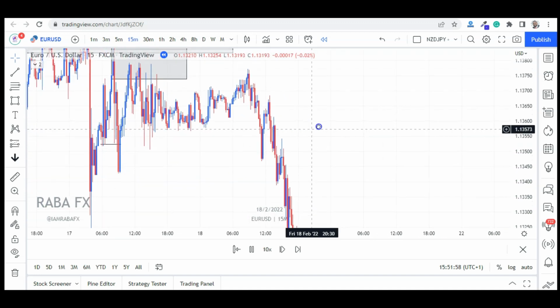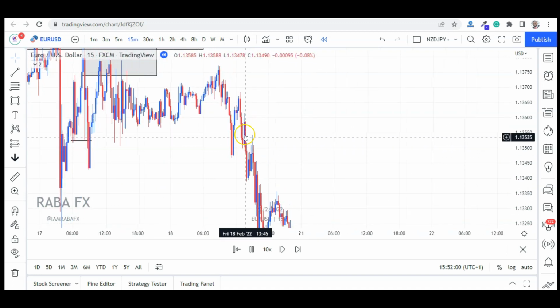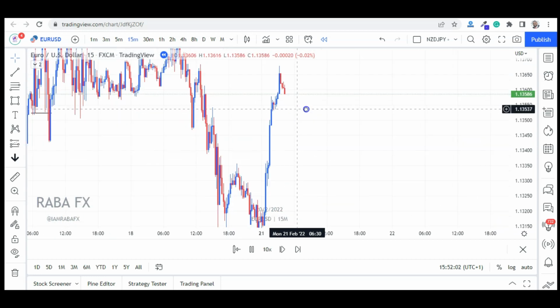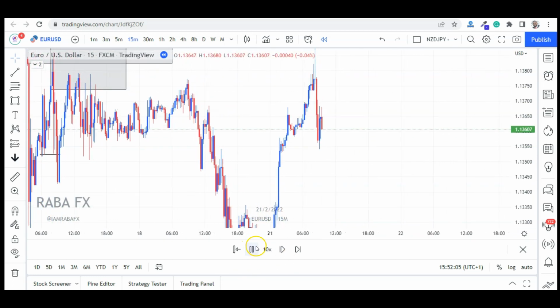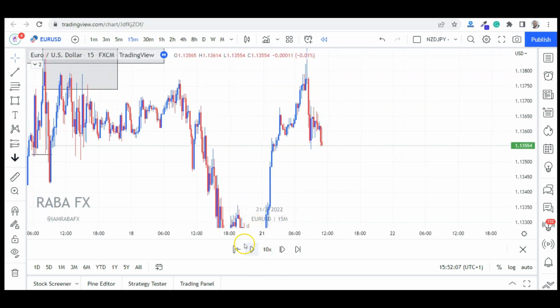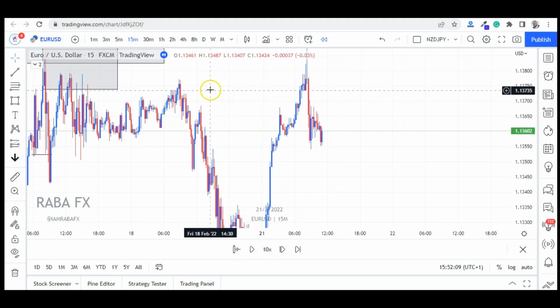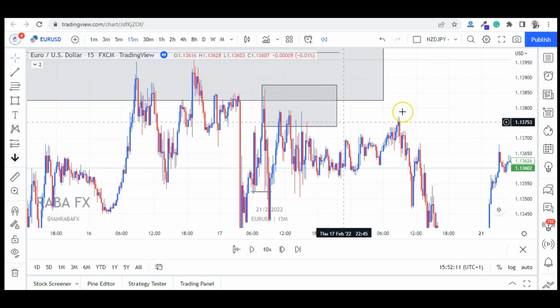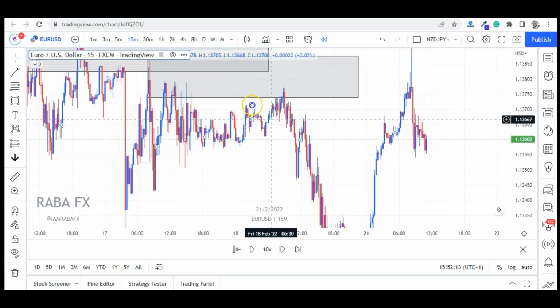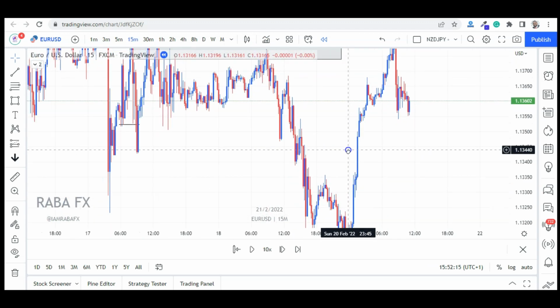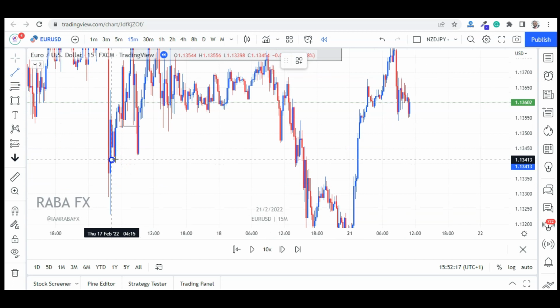Now you can see price is creating lower lows and lower highs. That means it's bearish. Then from there you've gotten your move to the downside. Price entered there and you could have held that trade, probably exit here.